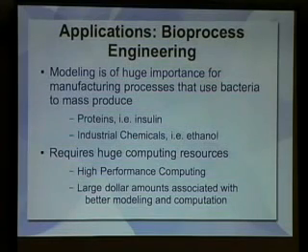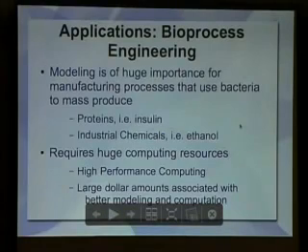Being able to do all this requires huge amounts of computing resources. It's really unbelievable how complex these problems can get, and there are large dollar amounts associated with them. A lot of companies can have huge savings, especially if they're making insulin or ethanol at very large levels.